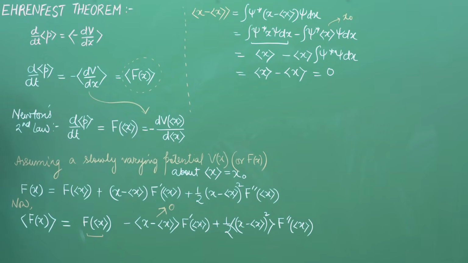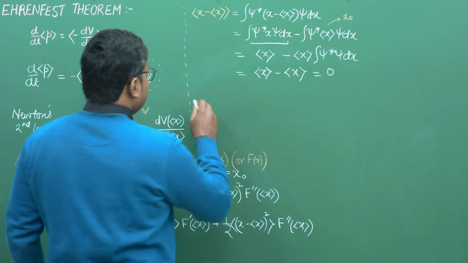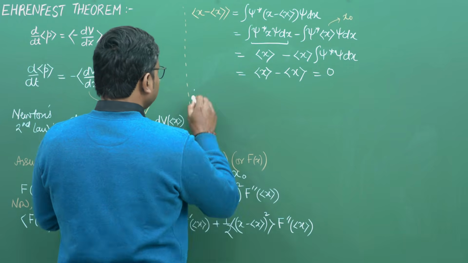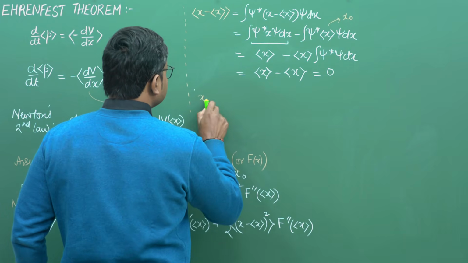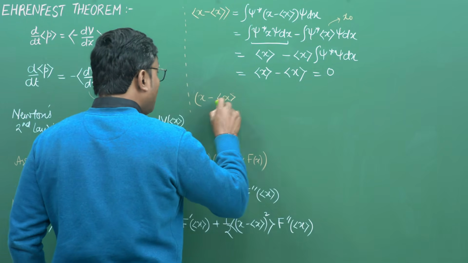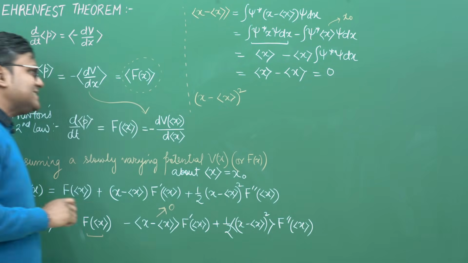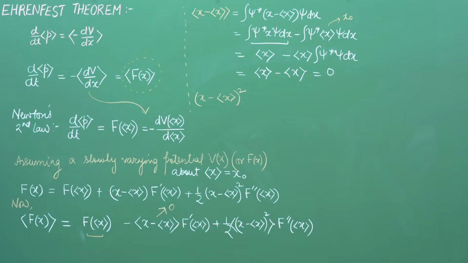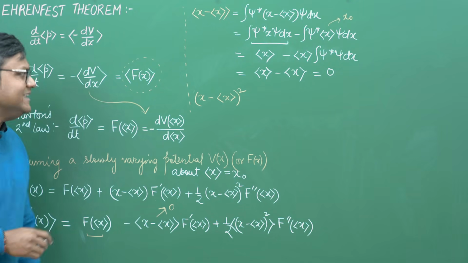All right. But what about this particular term? If you look at x minus the average of x, squared, this is something which is called variance, or the square of the standard deviation. And it is not necessarily equal to 0.